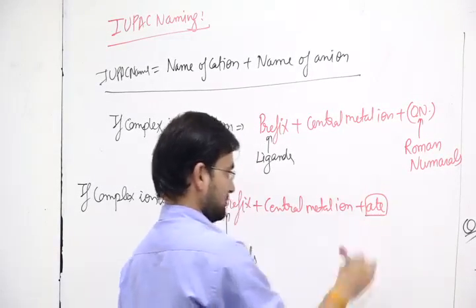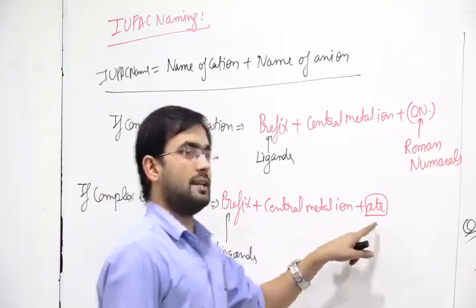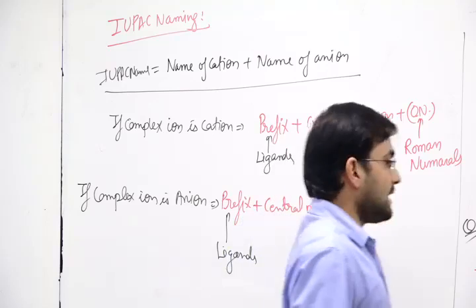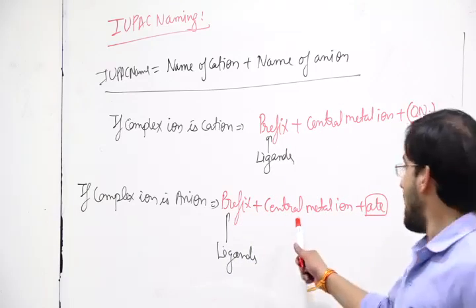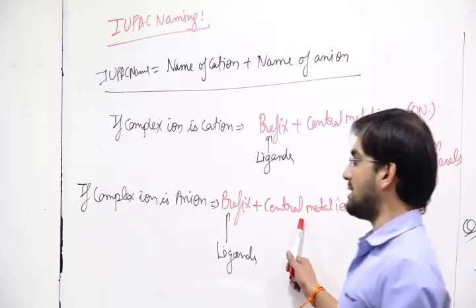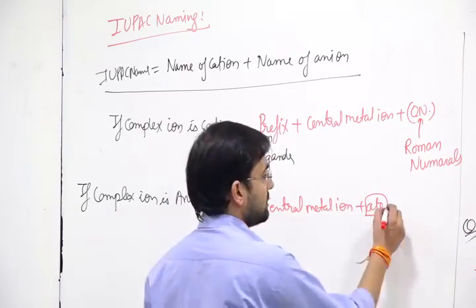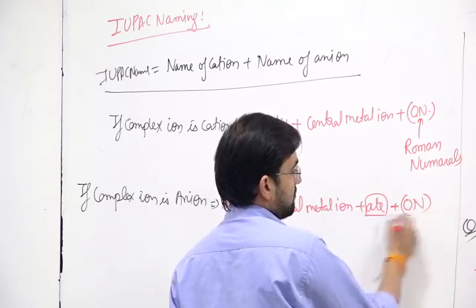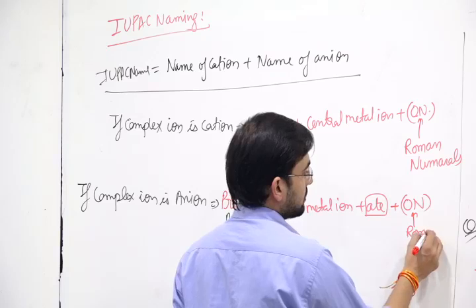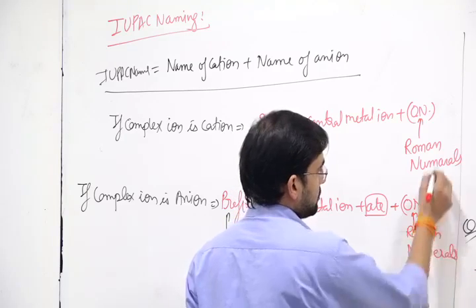This is the difference between that and this. ATE will be added, such as for iron you write ferrate, and for lead you write plumbate. ATE comes at the last, plus the oxidation number in brackets, in Roman numerals.